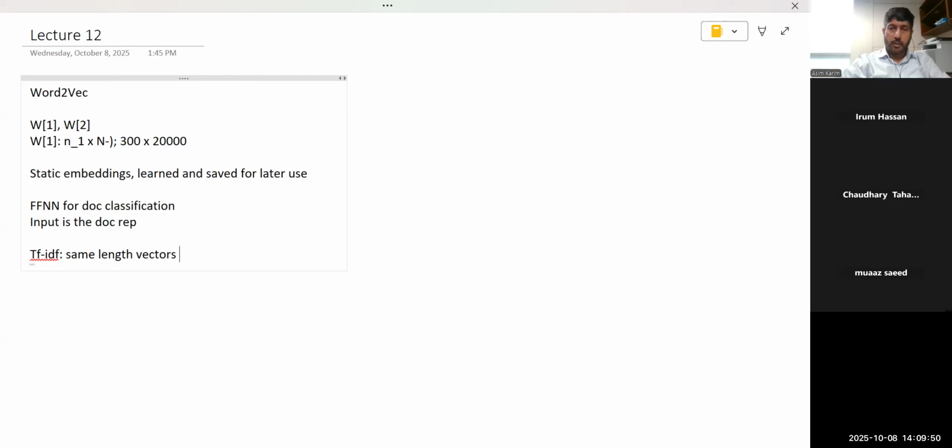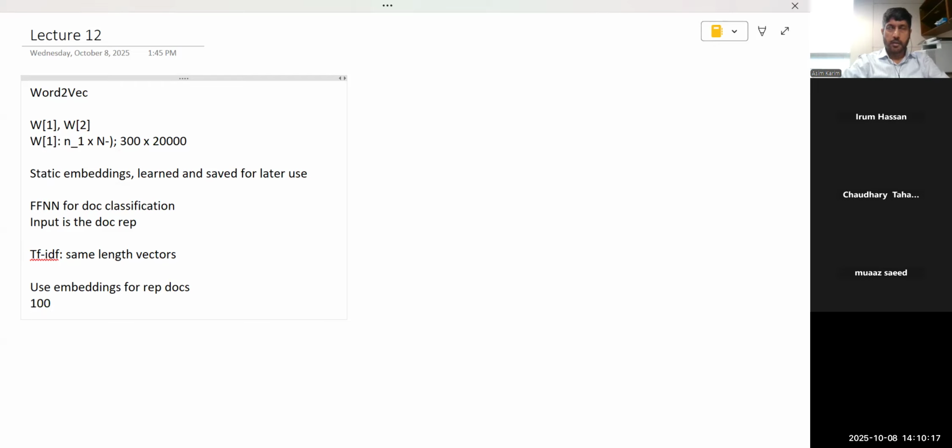But let's say you want to use embeddings as representation for documents, then what will we do? Use embeddings for representing docs. One issue will come. Let me take an example.